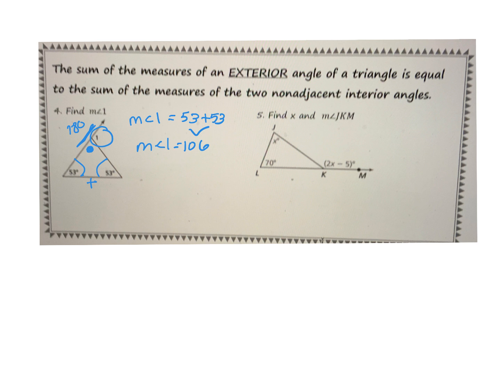So if we're doing this, we're going to have x plus 70 equals 2x minus 5. You add these two angles here, and they give you this outside angle. That's what they're going to be equal to. So get your x's to one side, get your numbers to the other side.